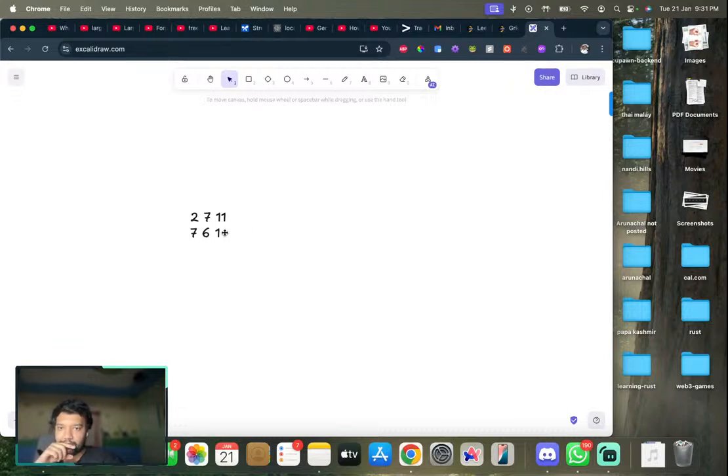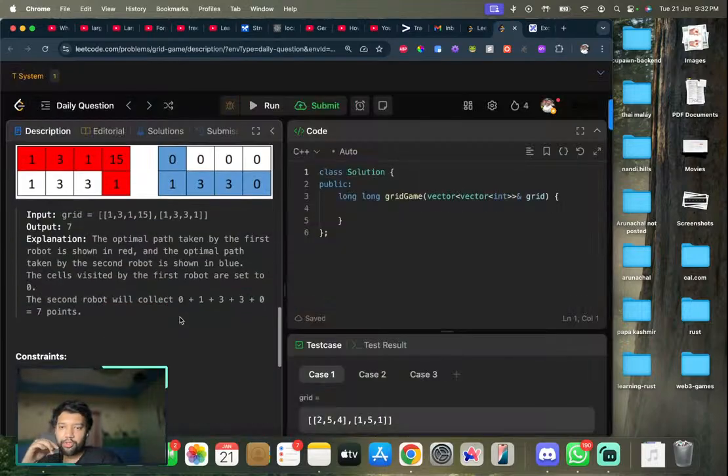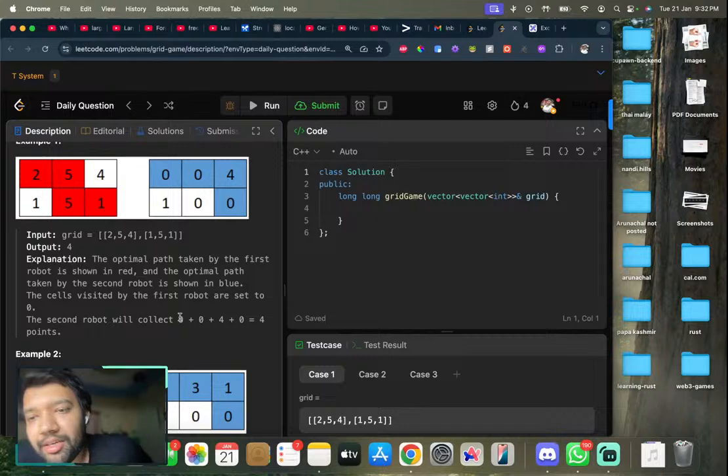At this point, 7 minus 6. So the maximum of the numbers that are after this: it's 1, 4 and 1. So the answer will be 4. For both rows, I'll take the maximum. So I think I have the answer. Let's try to do this.